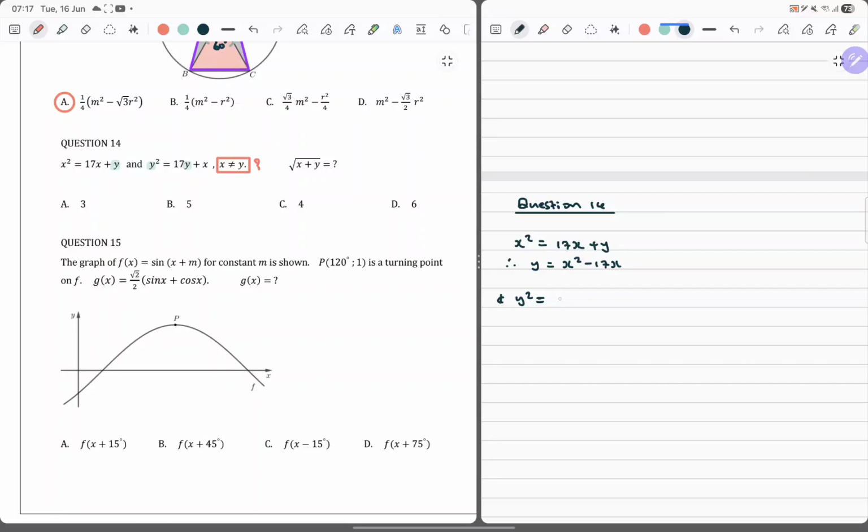And then we can say y squared is equal to 17y plus x. So this implies where we substitute y, we get x squared minus 17x, all squared, is going to be 17 into x squared minus 17x plus x. Okay, substitution method.